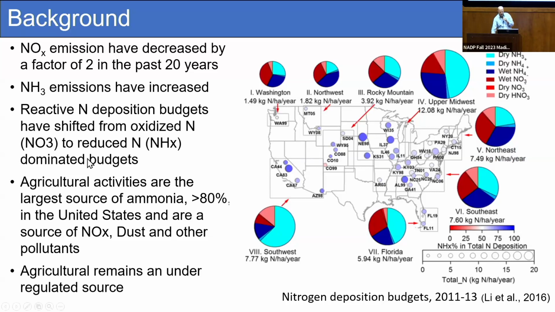And that can be seen here from these results from Lee et al. We're looking at 2011-13 here, but it's true, and more true today, about the large contribution of the reduced nitrogen, the ammonium, to the reactive nitrogen deposition versus the oxidized here in red. This is derived from CASTNET, NADP, and AMoN data.